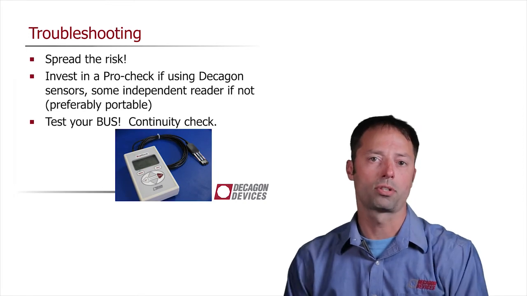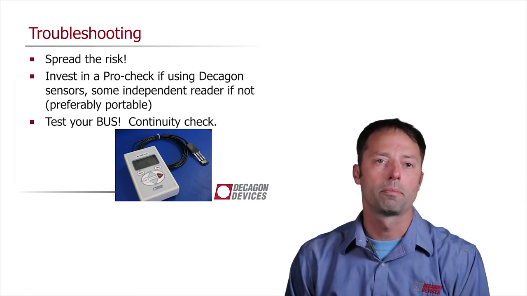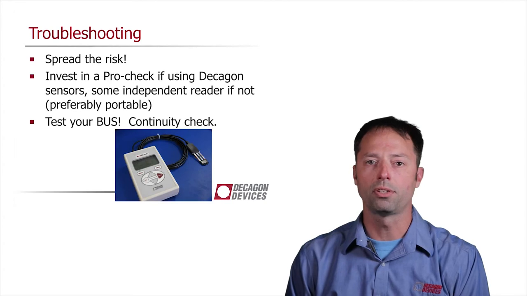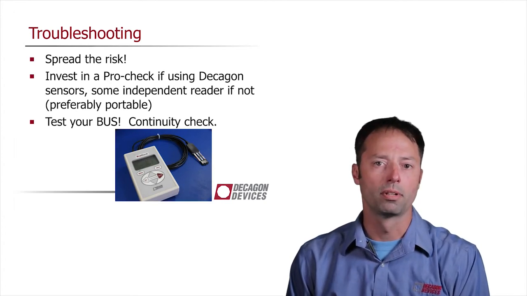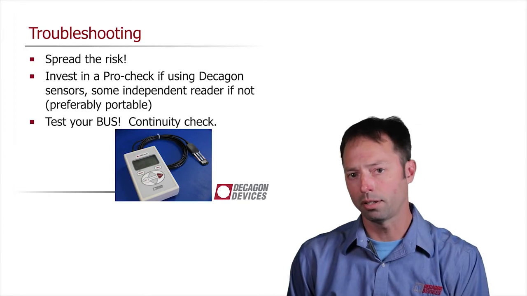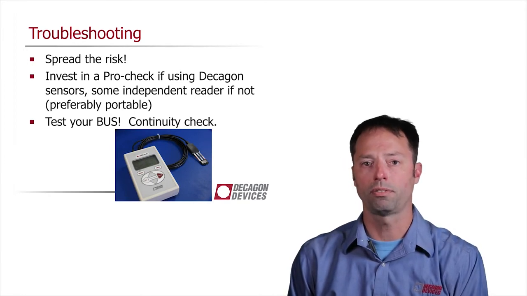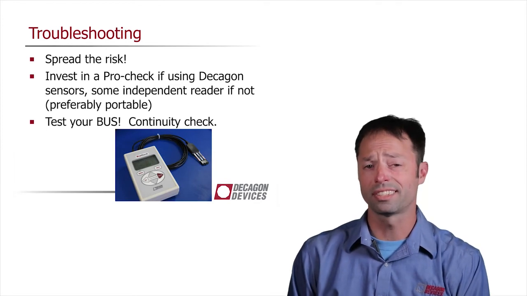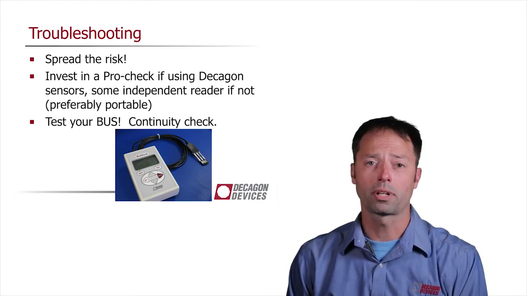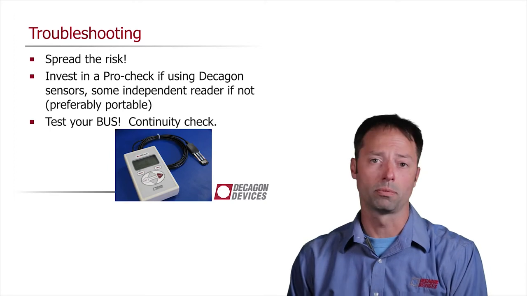Troubleshooting. Well, let's talk about troubleshooting for a little bit. Probably the best thing that you can do for troubleshooting in an SDI-12 network is spread the risk out. Just because you can put 40 sensors on one port doesn't necessarily mean that you have to. I recommend using as many ports as you have available.